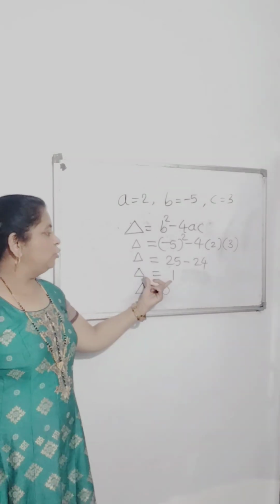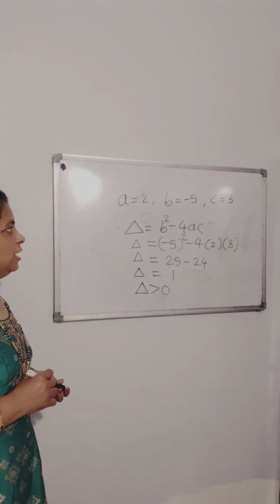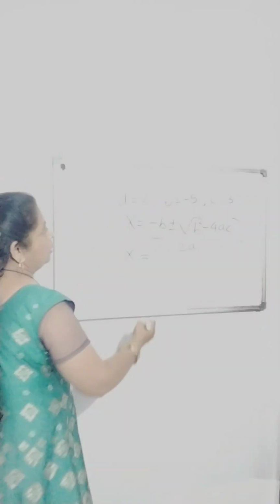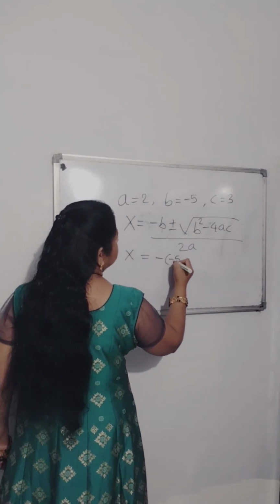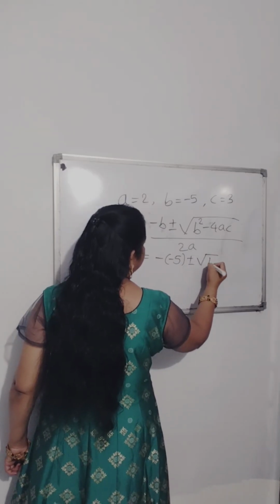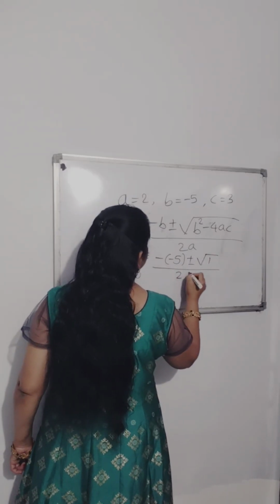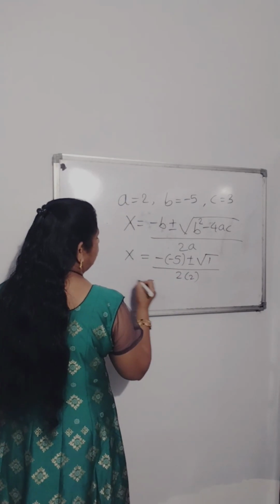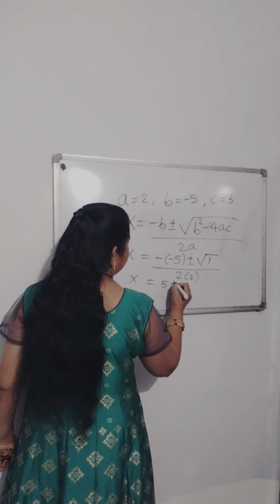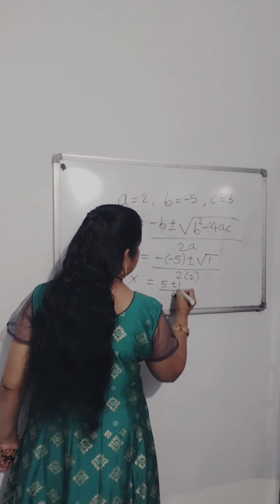Now after putting the value of delta equal to 1, let's see the value of x. We know that delta is equal to 1. So we get the value of x is equal to 5 plus minus 1 upon 2 2s are 4.